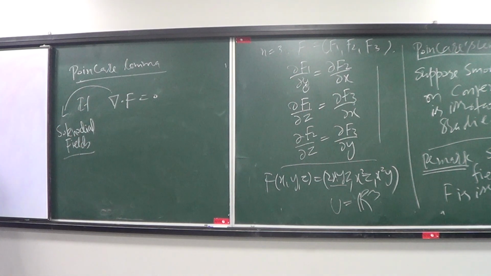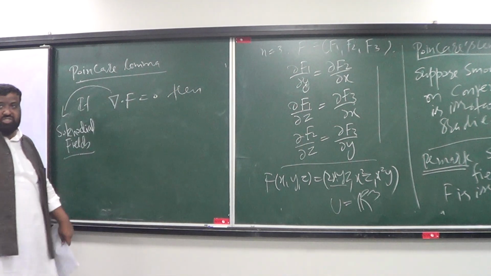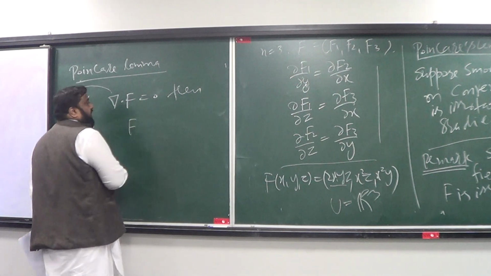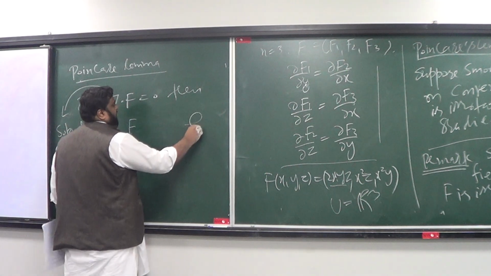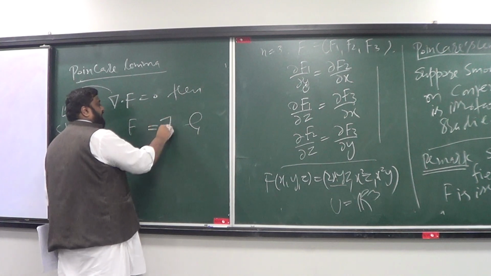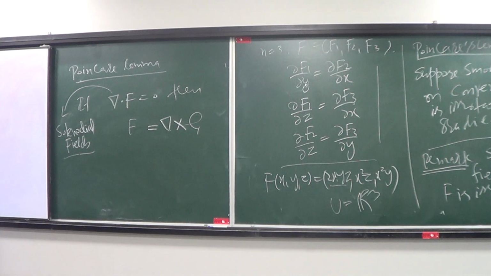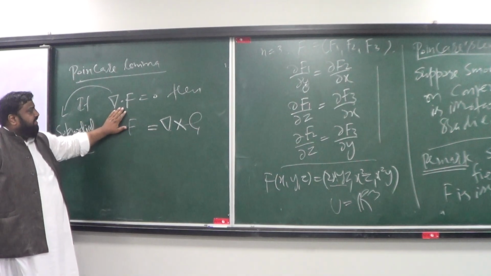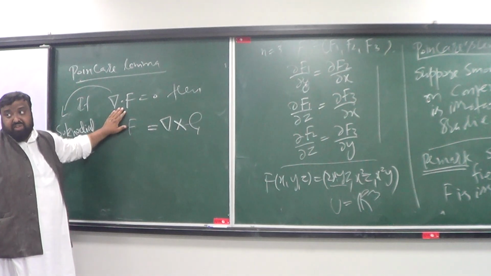So if you have a solenoidal field, then you can do something interesting. And that interesting thing is that you can find another field G whose curl is this F. In other words, if I have a vector field F that is divergence free, then it must be the curl of some other vector field actually.